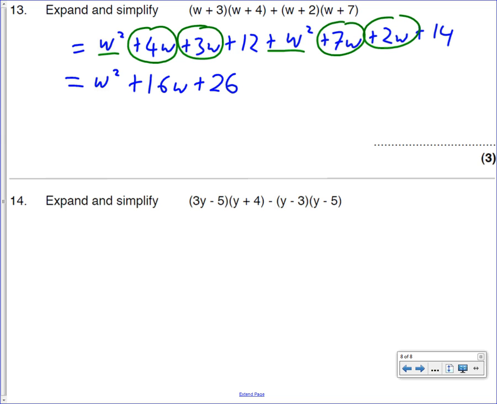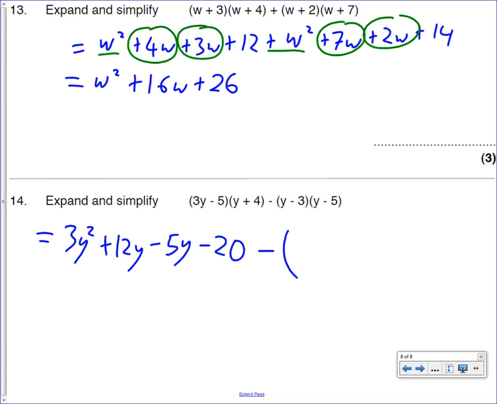So do 14 in a similar way, but we've got to be careful of our negatives because we subtract them from each other. So we've got 3y times y, 3y squared, 3y times 4 plus 12y, minus 5 times y, minus 5y, minus 5 times 4, which is minus 20. And then we'll subtract all the answers to this.